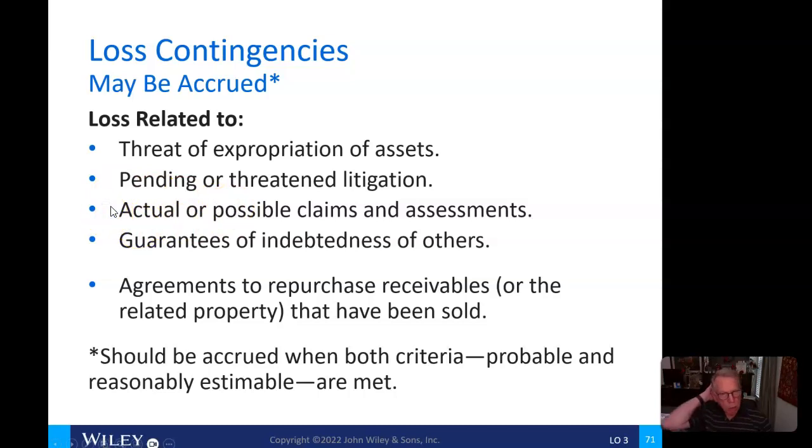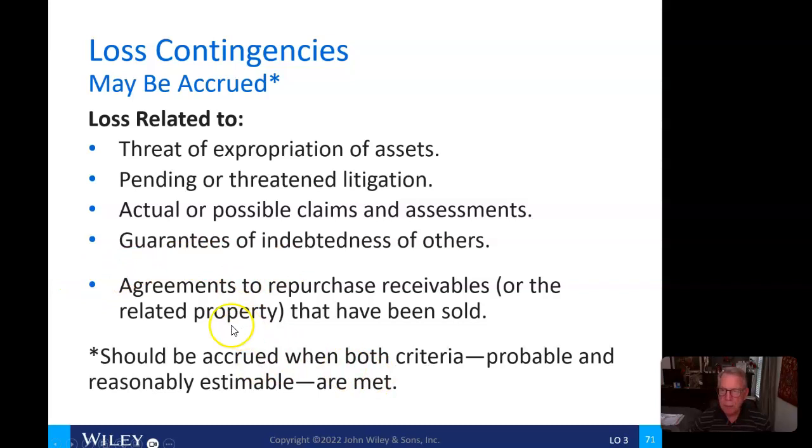And actual or possible claims or assessments, depending on their likelihood of being a loss, and guarantees of indebtedness of others, depending on, again, the situation, and then agreements to repurchase receivables or related properties that have been sold.